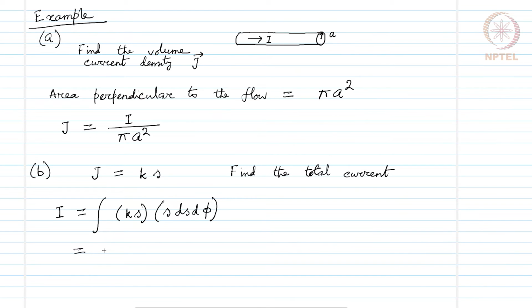Because there is azimuthal symmetry, the volume current density is a function of only S, not phi. We can already perform the phi integral and get 2 pi outside. K is a constant, so it goes outside. The integration is from 0 to A, the dimension of the wire, of S squared dS, and this integrates out to 2 pi K A cubed over 3. So, this is the total current.